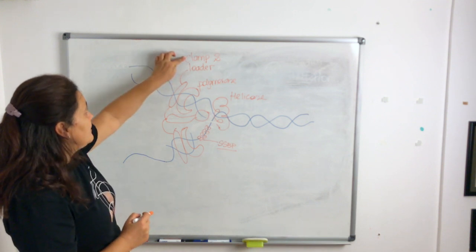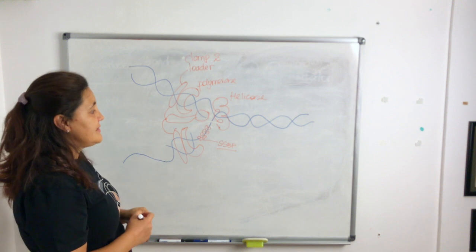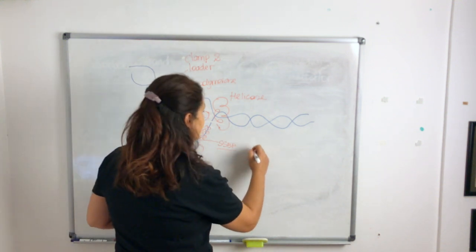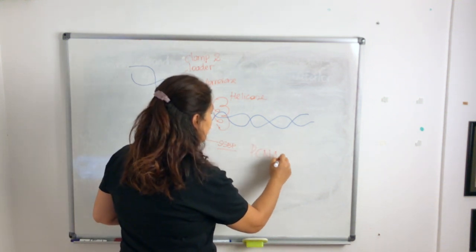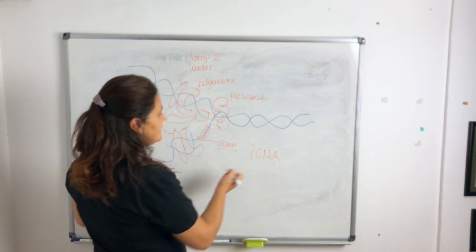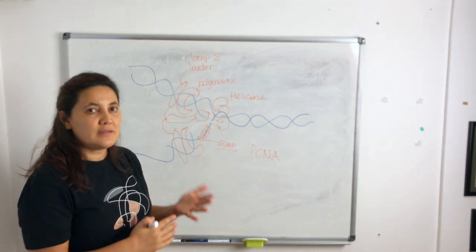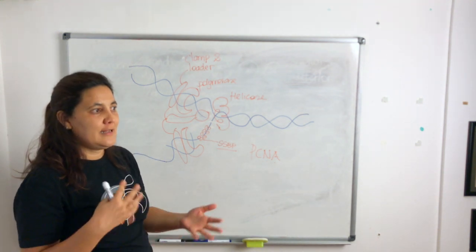Now this clamp, for example, there is PCNA, called proliferating cell nuclear antigen. This is a clamp for polymerase, and we usually use it as a marker for cell replication.